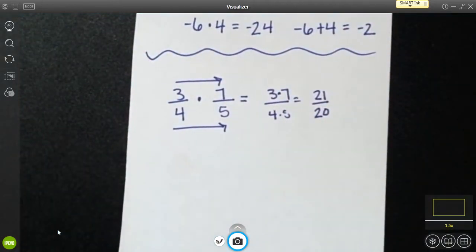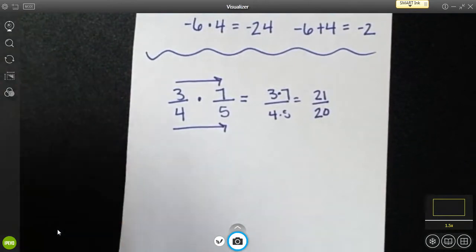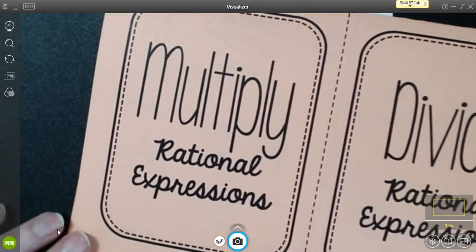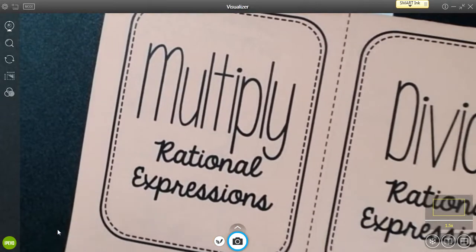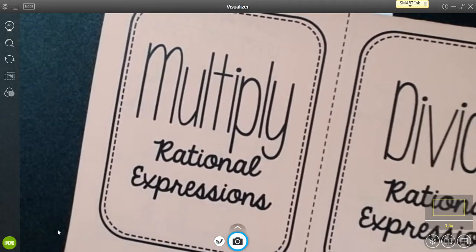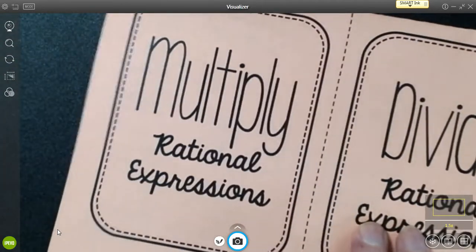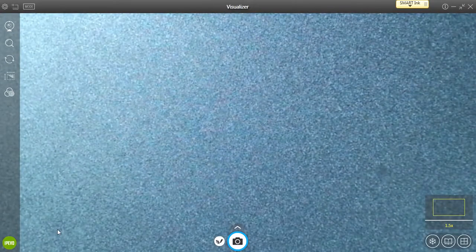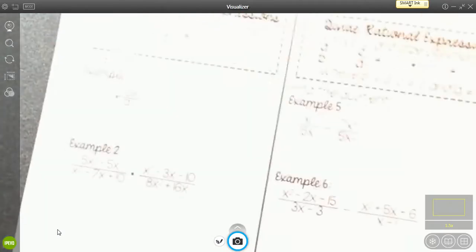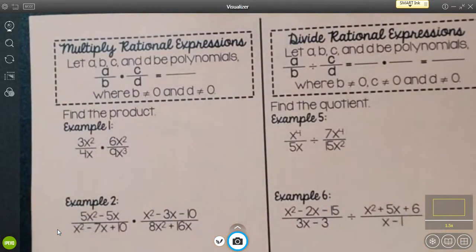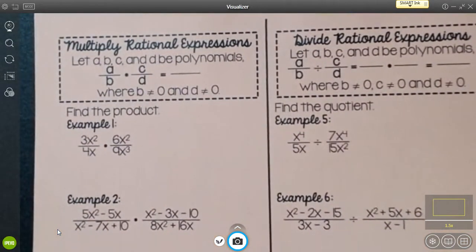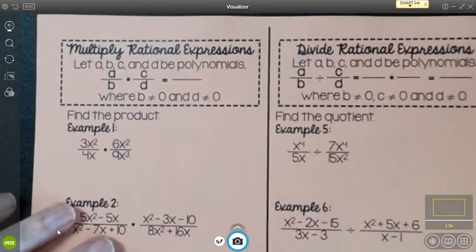Okay? The same thing is true when we get more into rational expressions, meaning now we have polynomials in the numerator and denominator, and we're multiplying a few fractions together. Okay. So it says let A, B, C, and D be polynomials.